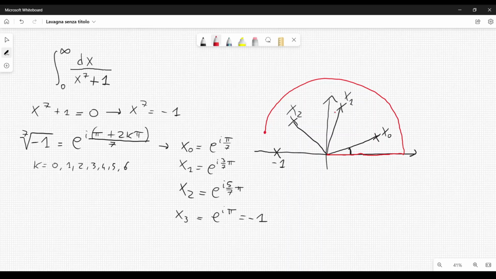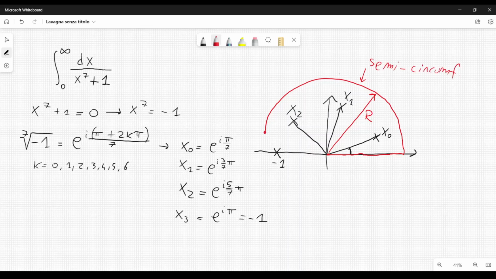We will consider the radius r of this semicircumference to go to infinity, as is usually done when we want to evaluate real integrals.